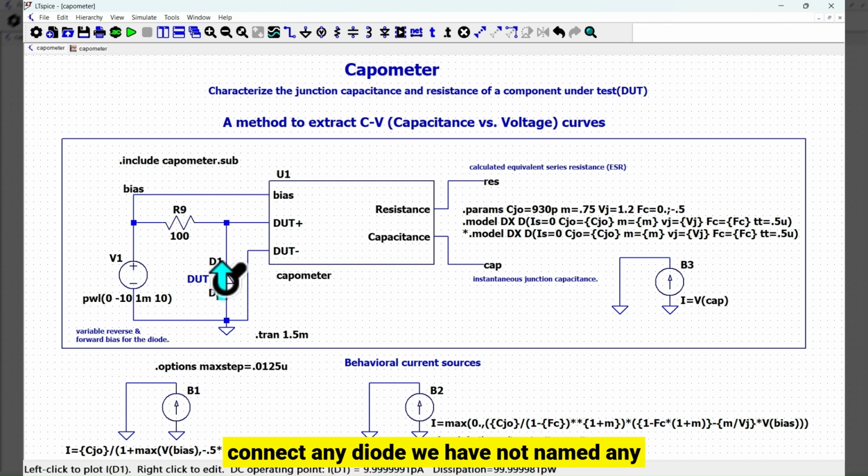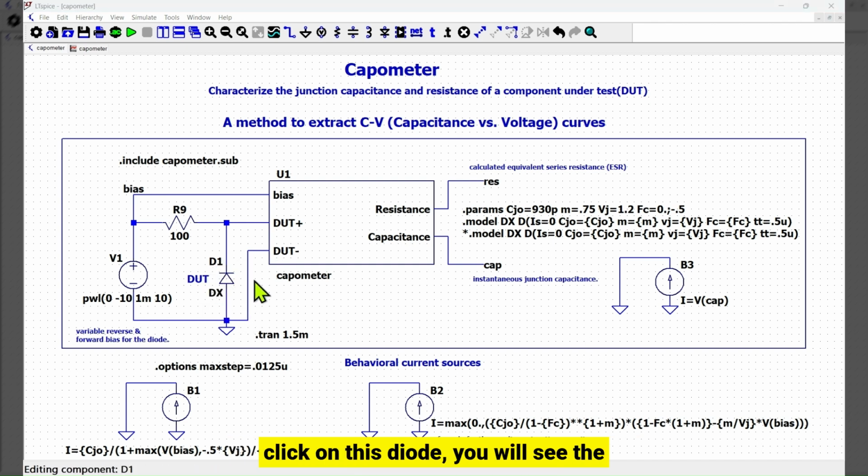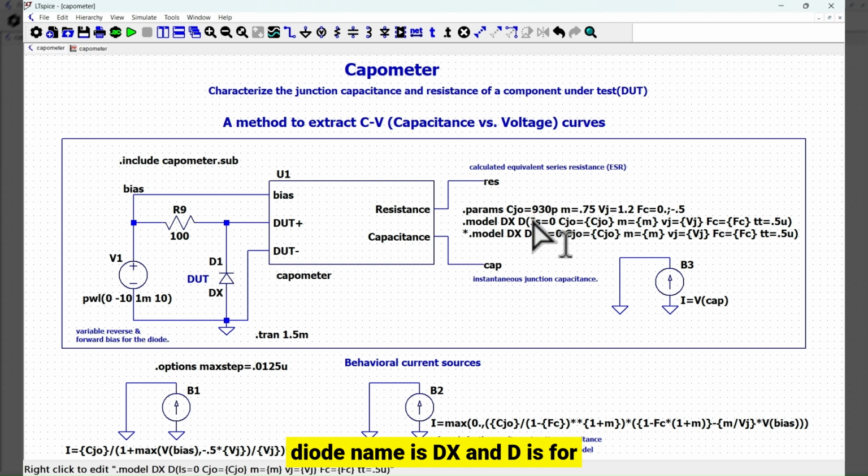We have not named this diode because this is an arbitrary diode, and these are the parameters for the diode. We have defined the diode. In this way you can define any model. So here we are defining .model DX, which we have given here. If you right click on this diode, you will see the diode name is DX, and D is for diode, and we are giving a saturation current of this diode as 0.